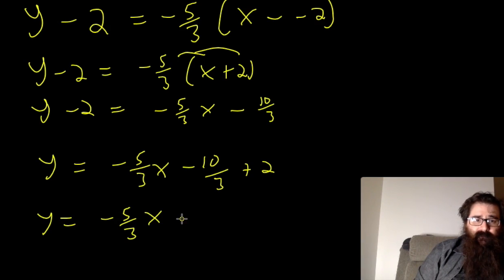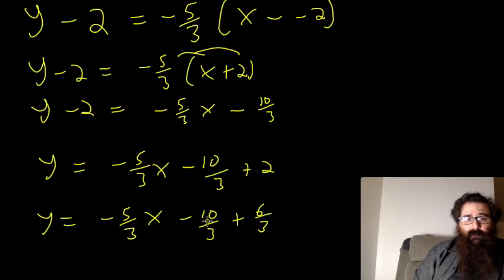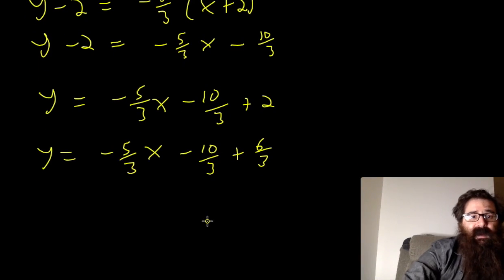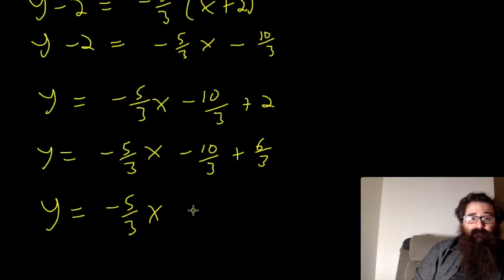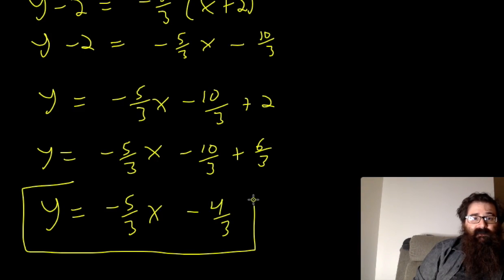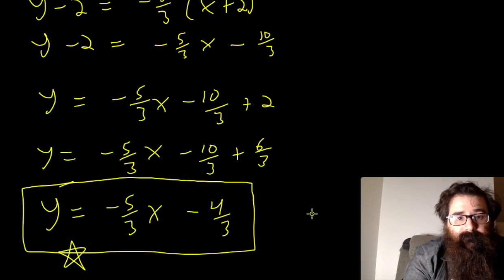So -5/3 x minus 10/3 plus 2, where 2 is really 6/3 if I multiply it by 3/3. And then I can add these constants together. So we get y is -5/3 x, and then minus 4/3, right? And I have this nice slope-intercept form of my line. And there's my tangent line that I was looking to find.